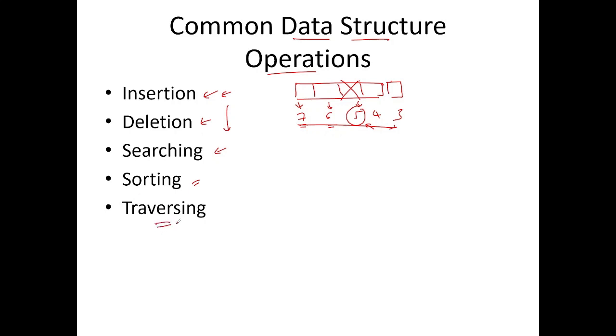Now traversing: whenever you want to do some operation upon a particular element, you need to go from one end of the array to the other end. This is just an example using one data structure, arrays. There are many more, and we will be learning all these operations for all the data structures available.